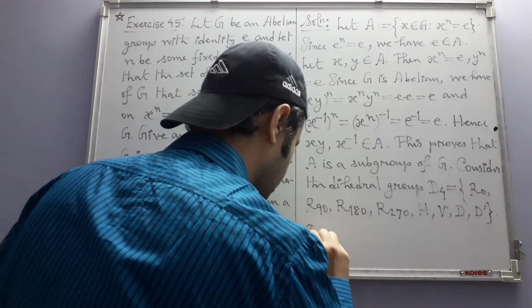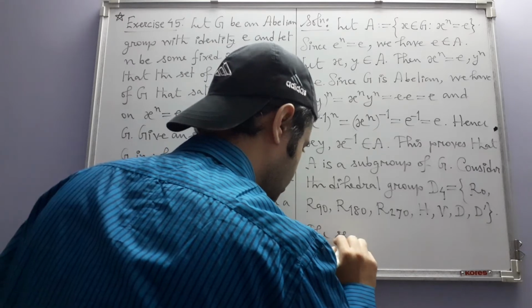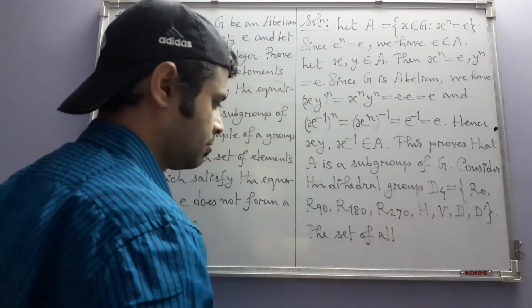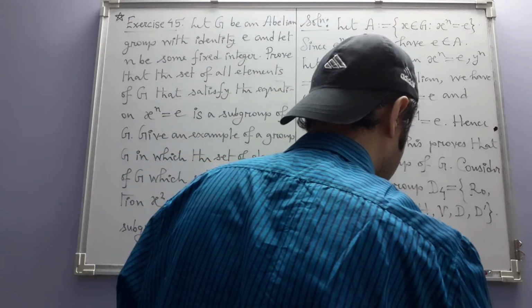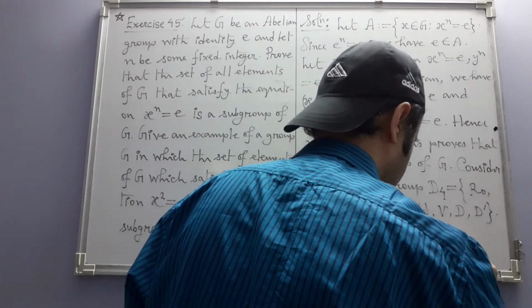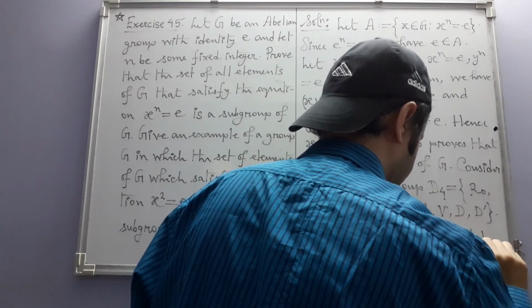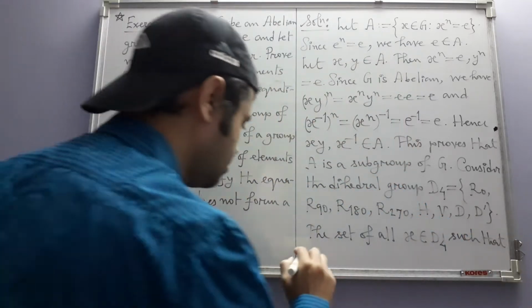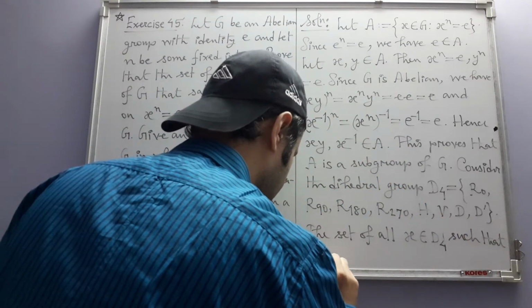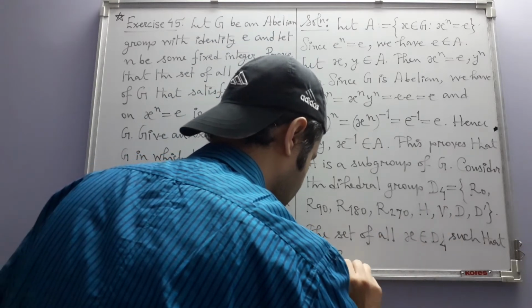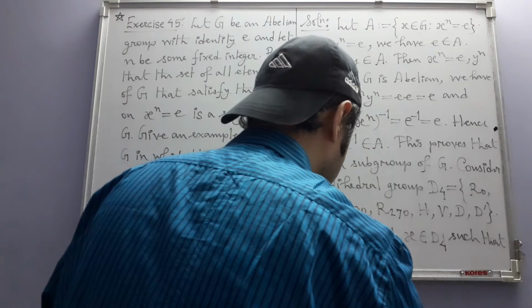The set of all elements x in D4 such that x squared is equal to identity, which in this case of course is R0, is this set.